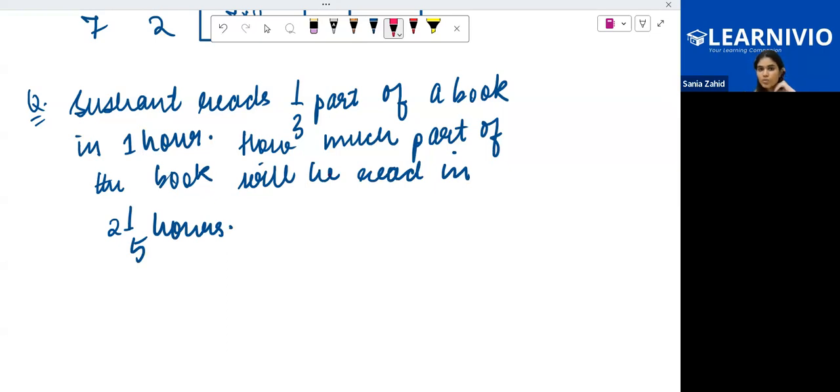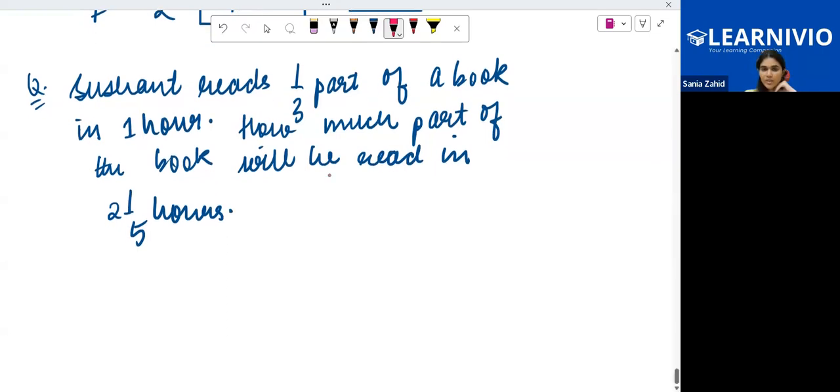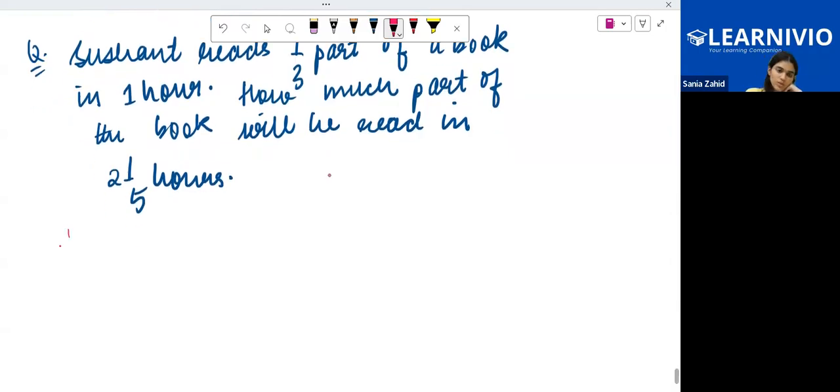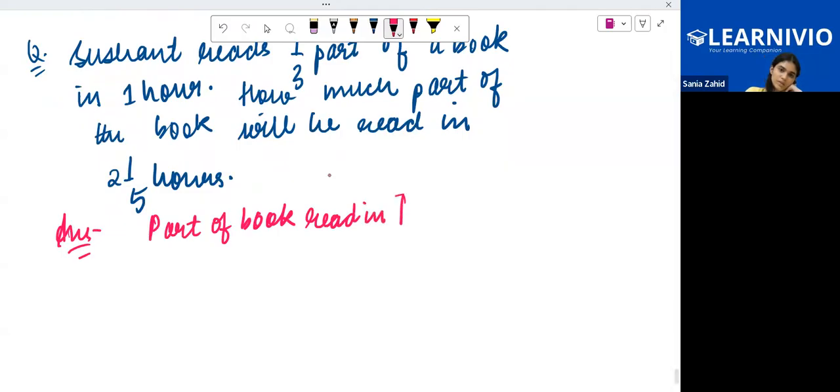So how much part of the book will he read in 2 whole 1/5 hours? So first how will you do this question? You write part of book read in 1 hour.